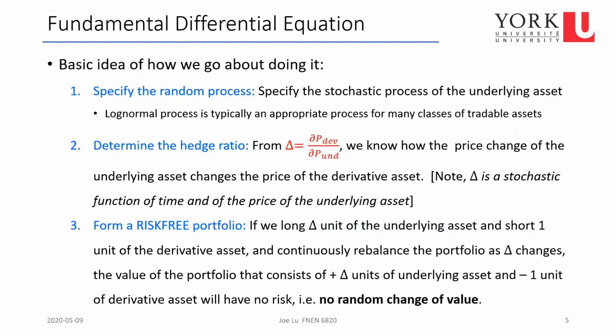Now the ideas are, first of all, once you have the random process that you specified for the underlying asset, and you also have, through Ito's lemma, the random process for the price of the derivative asset, then there's one thing you can do.